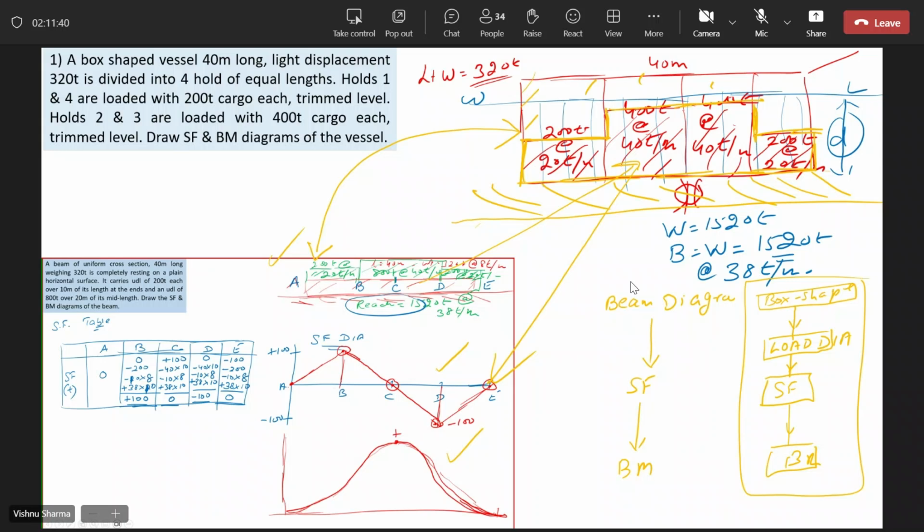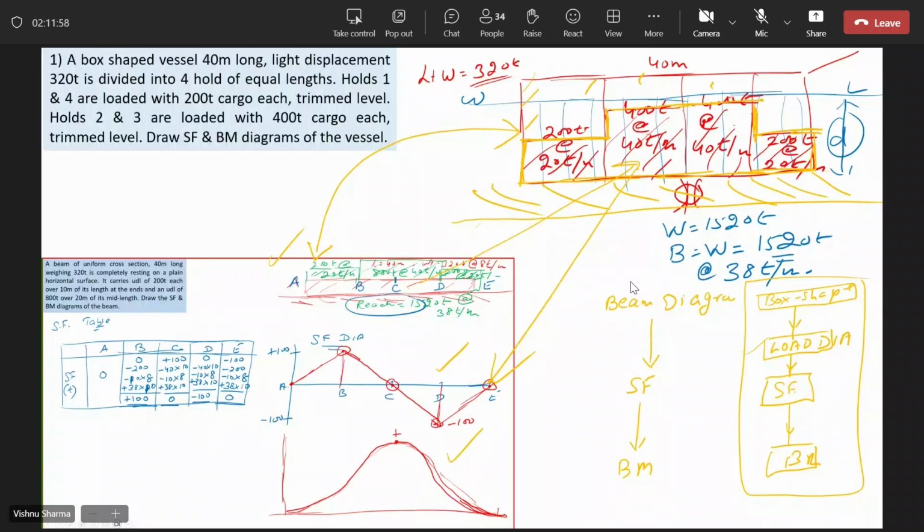And our syllabus is only box-shaped vessel, so this is the route we'll take. So we'll learn to draw one extra diagram called the load diagram. Then by areas under the load diagram, we'll get the SF diagram. And then from SF diagram to BM diagram, all of you know.